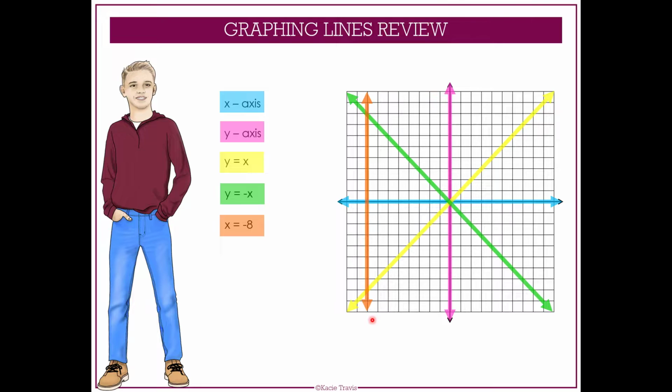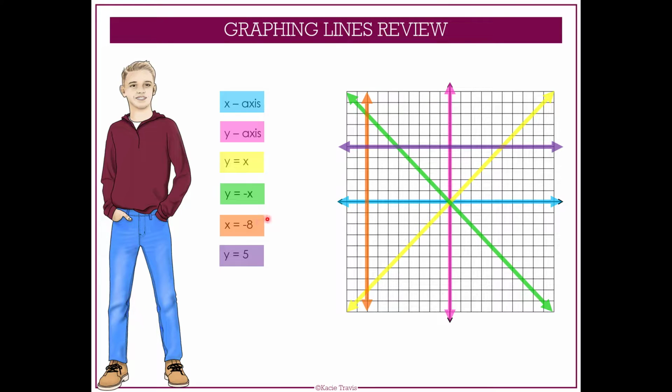Likewise, if you have y equals a number, like y equals 5, this is a horizontal line at 5 on the y-axis, which is this purple line. These first four are the most common ones. These bottom two are case by case.